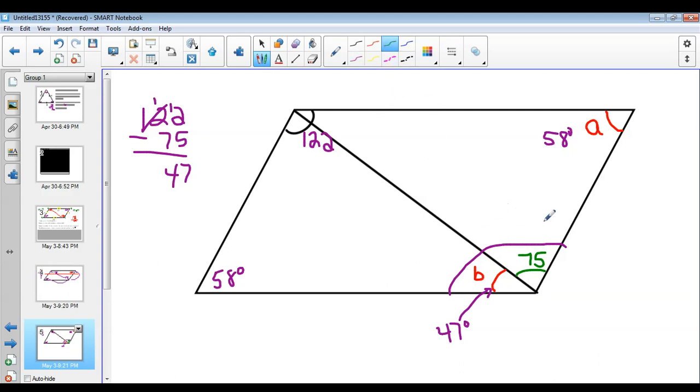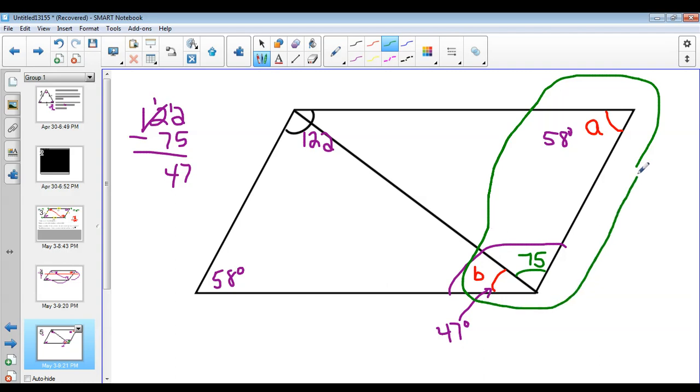What I can also do is realize these are neighboring angles right here, right? So if I'm missing one part of this, I could add 58 and 75 together and then subtract from 180, since neighboring angles altogether have to add up to 180 degrees.